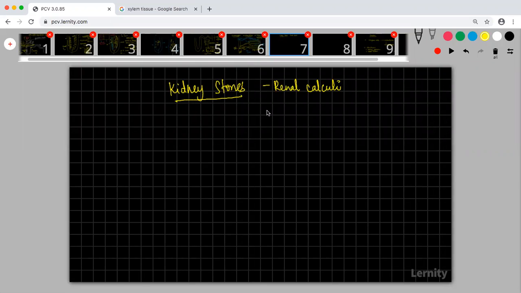Whenever your food is having too much salt, oxalic acid, and too much calcium salts, there is a chance of forming stones. When the urine has too many salts and you are not drinking sufficient water, the salts can form a crystal.